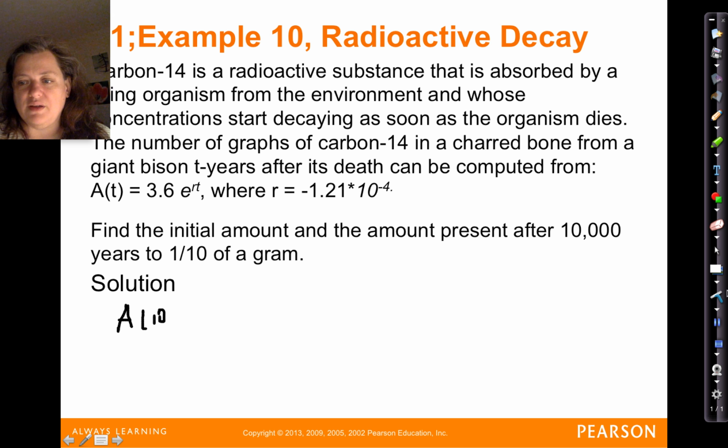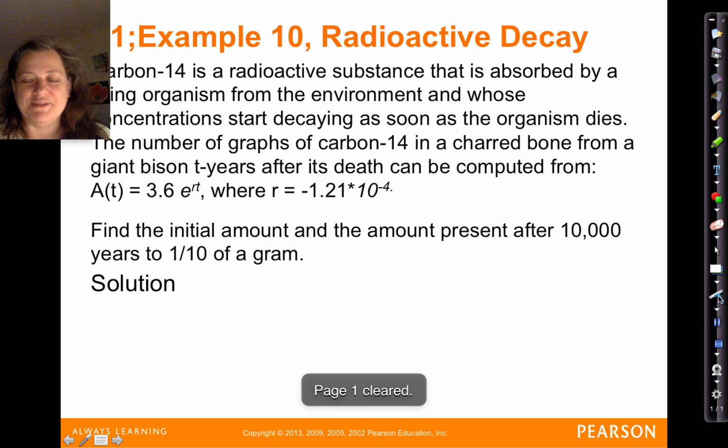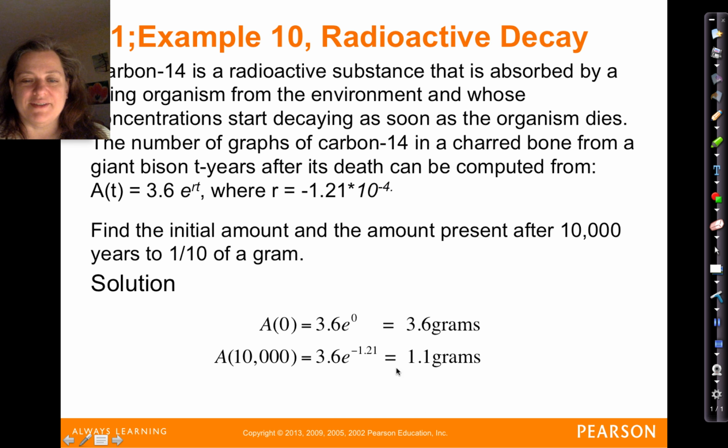I think I have all this typed out. I got carried away, sorry. So I have 10,000, right? There's only one thing to note here, which is that we really need to compute r times t.